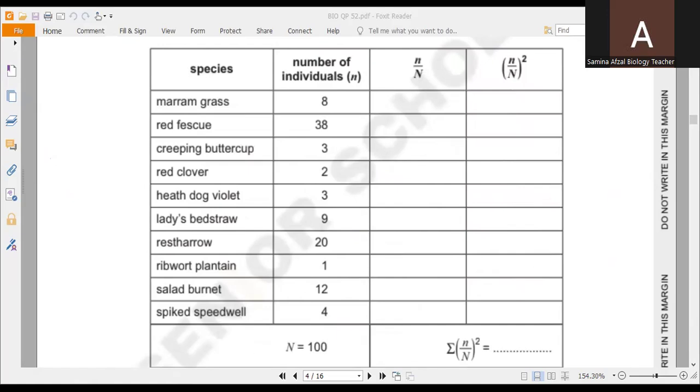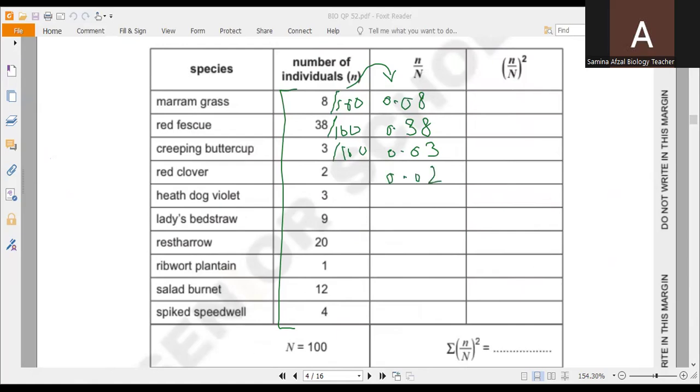First of all, you know the capital N stands for 100. When we collect all these species, it will be equal to 100. Now we have to divide each species number by 100: 8 by 100, 38 by 100, and then 3 by 100. So we will divide all species numbers by 100. After doing this, it is equal to 0.08, 0.38, 0.03, 0.02.